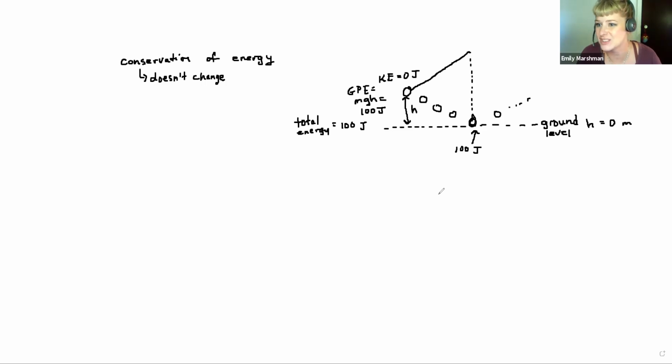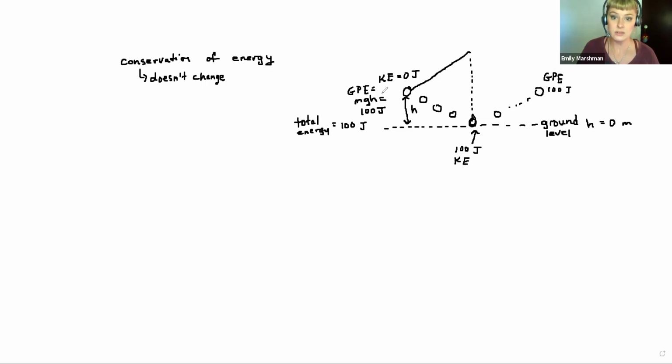But it's no longer gravitational potential energy. It's 100 joules of kinetic energy, because at the bottom of the swing they're moving the fastest. Then as they swing back up, that energy gets converted back into gravitational potential energy. And at the top of the swing on the other side, they have 100 joules of gravitational potential energy.